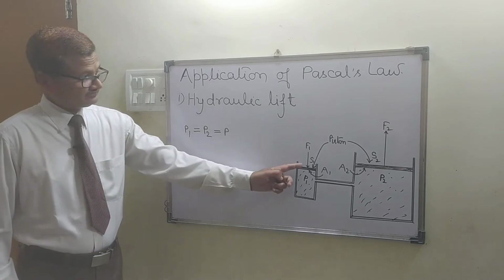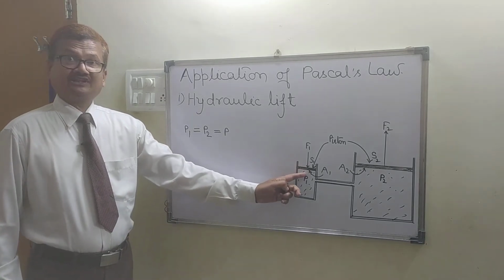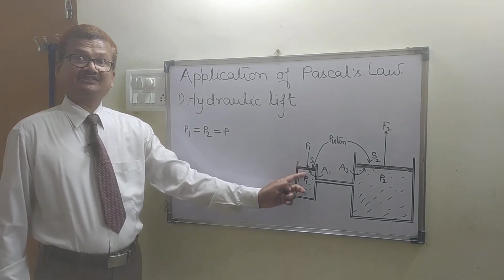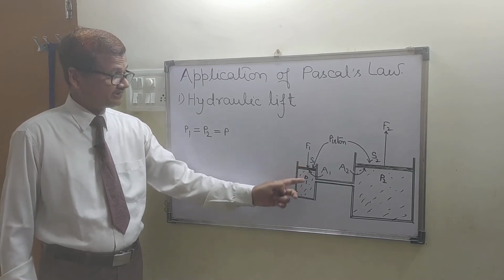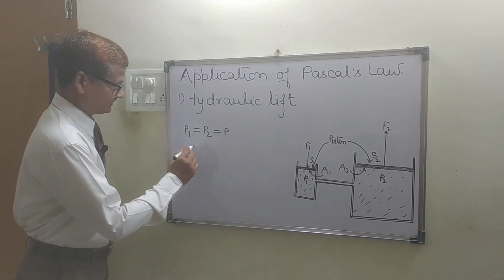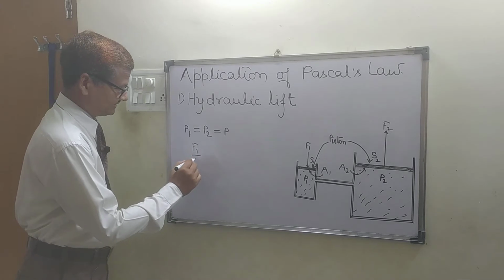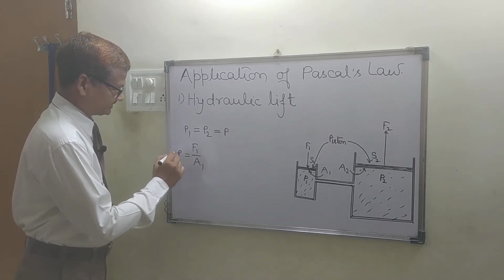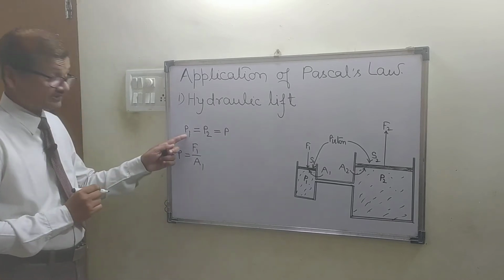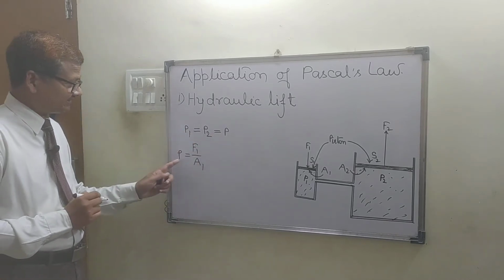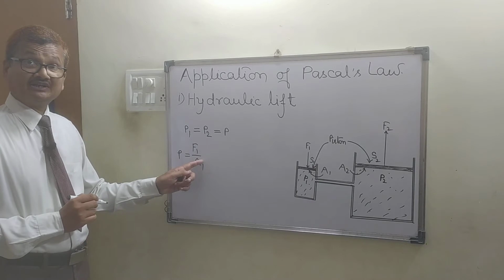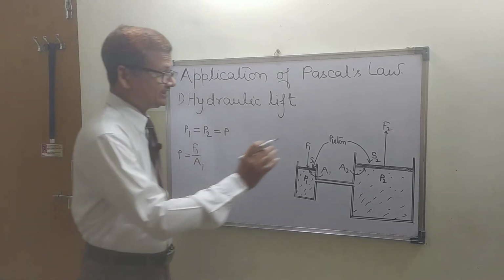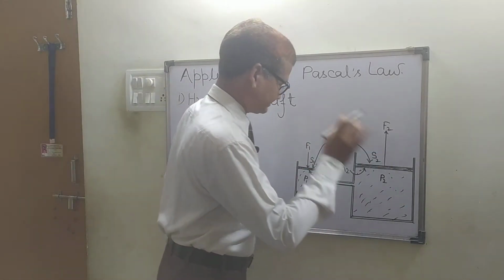Now, according to the definition of pressure, force per unit area is called pressure. So how much pressure is exerted here? F1 upon A1. This is pressure P1, and because P1 is equal to P, you can write P is equal to F1 upon A1. Same pressure will be exerted here.